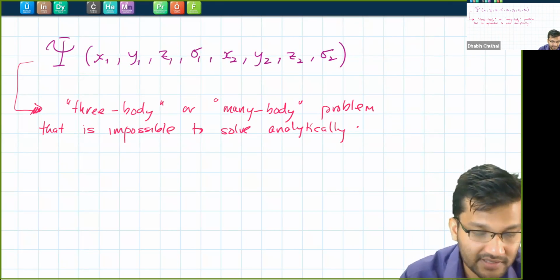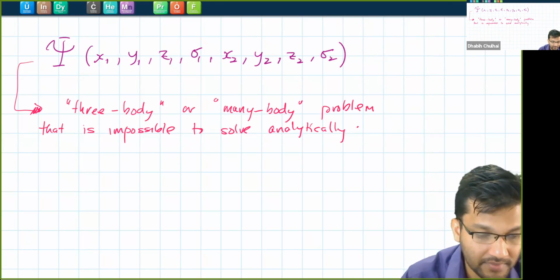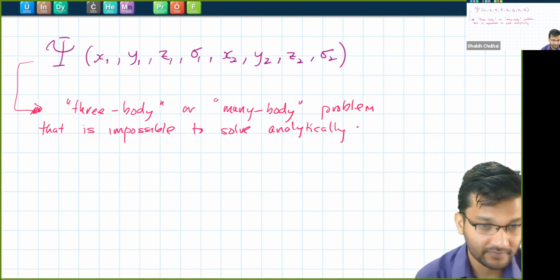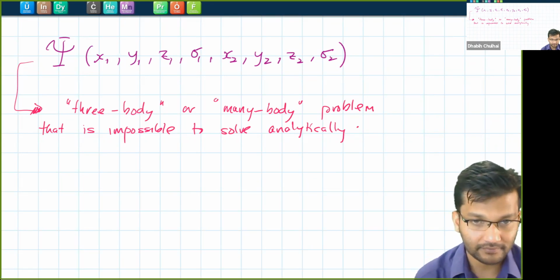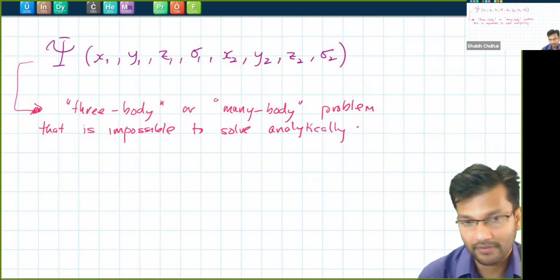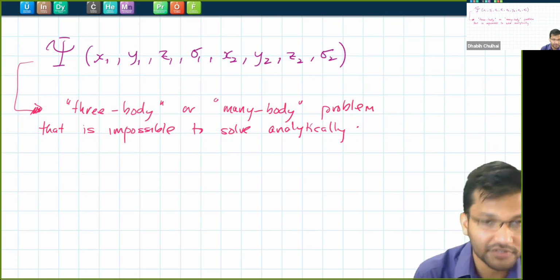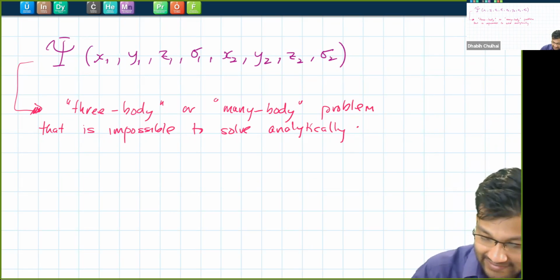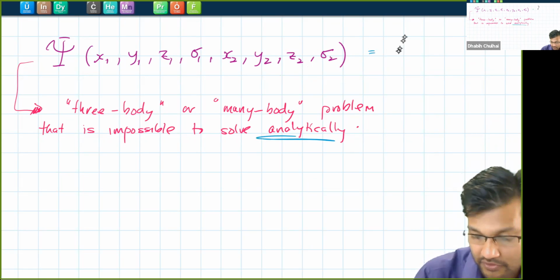But when we come to this three-body problem or many-body problem, we don't have any function in existence, as far as I know, that could describe them. Nobody has come up with a function to describe them yet. So it's not solvable analytically, which means that we can't write this exactly as some function of all those different combinations of things. It's not possible.